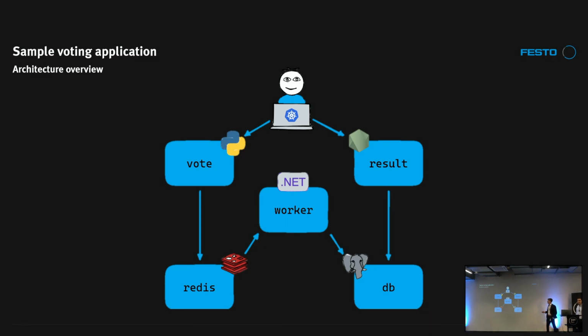And then, of course, we have also a .NET worker, which is reading the votes from the Redis queue and writes them back to our Postgres database, which is our 4th container here. And last but not least, to display the results, we have a small Node.js application, also a front end, which will display in real time your votes when you vote on your smartphones. So that's basically the overview about the application.